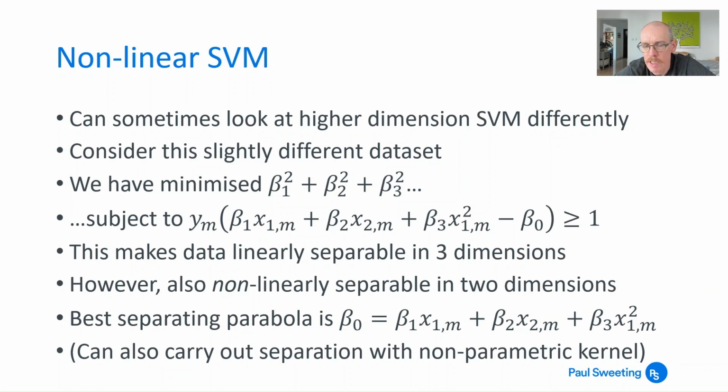It's also worth noting that you could carry out a non-linear support vector machine using some sort of non-parametric kernel to wind its way between the points. There's a risk here that you do end up overfitting the data if you use a kernel which is too exact, and it does get increasingly complex as you move into more and more dimensions with more and more variables. But it's just worth noting that that is also an option.